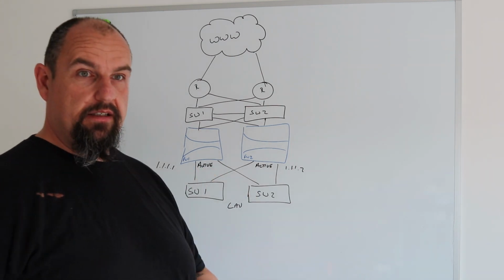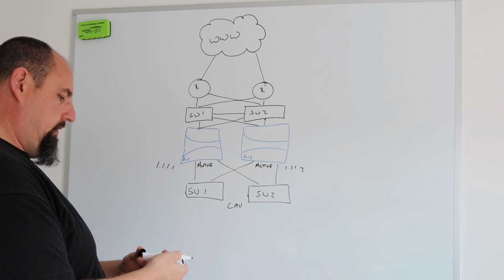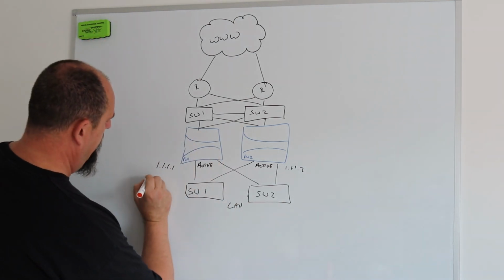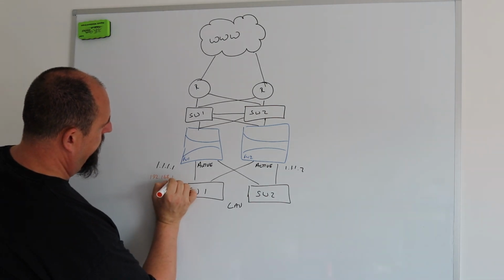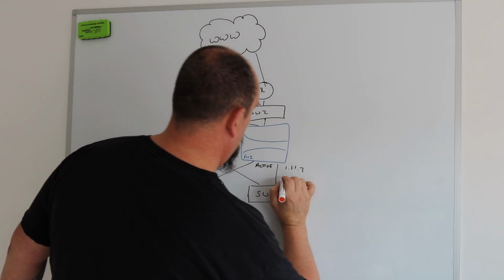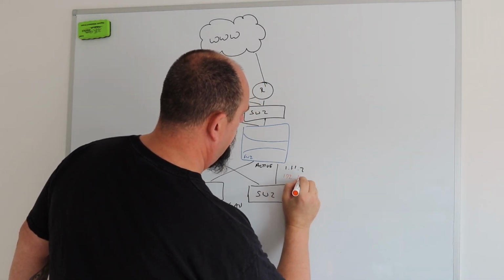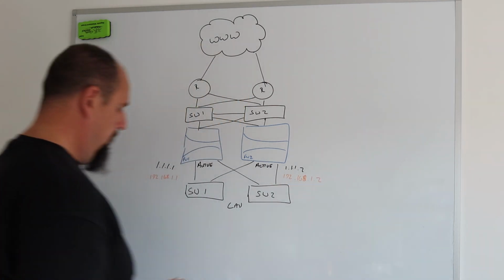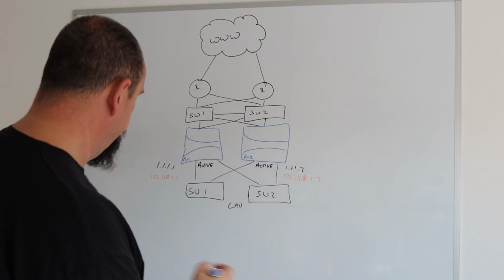But that's active-passive. So in an active-active situation, what we do is we have another IP. We've got a floating IP for this one, which is going to be 192.168.1.1, and a floating IP for this one, 192.168.1.2. Okay, and we're going to draw some little hosts in at the bottom because I think they're important.